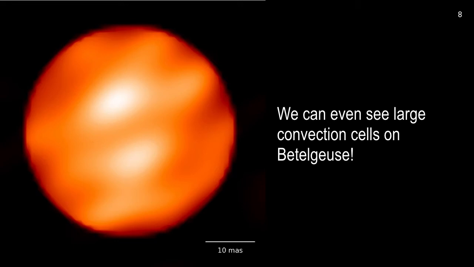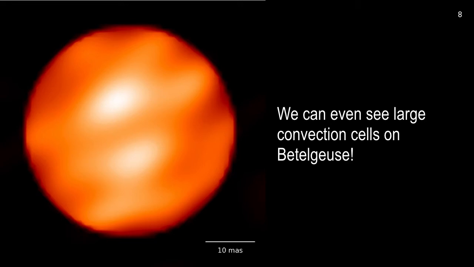Now, I believe this is a false color infrared image of Betelgeuse, and it is a big star. It's a supergiant, and it's fairly close to Earth, so we can actually make out surface features. Now they're still pretty big. It's not like the close detail we have for the surface of the sun. But yeah, we can see these big convection cells.